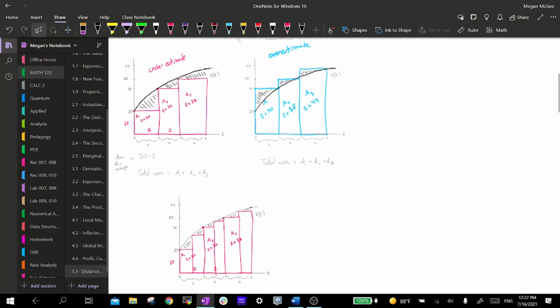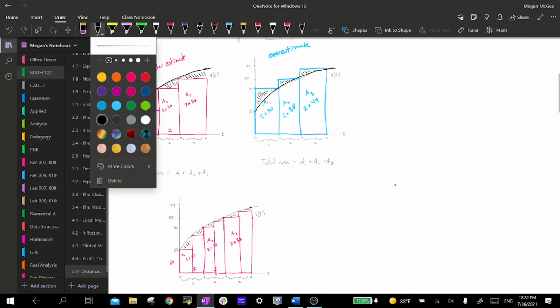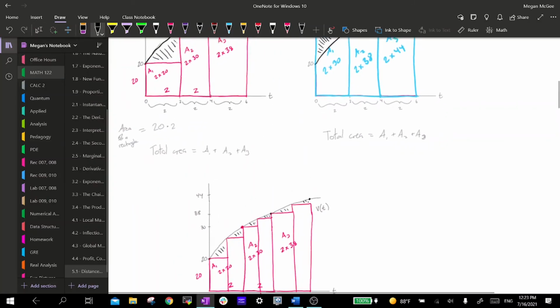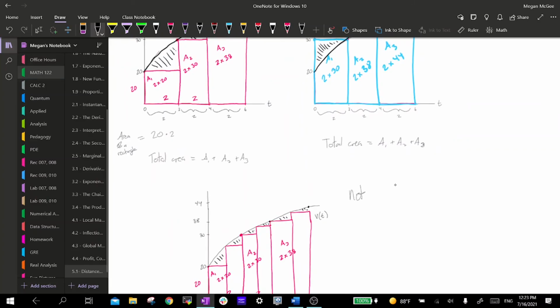Looks like there's less area that we're missing there from the underestimate, right? So we're just going to make a little note that adding more rectangles would make a better approximation.